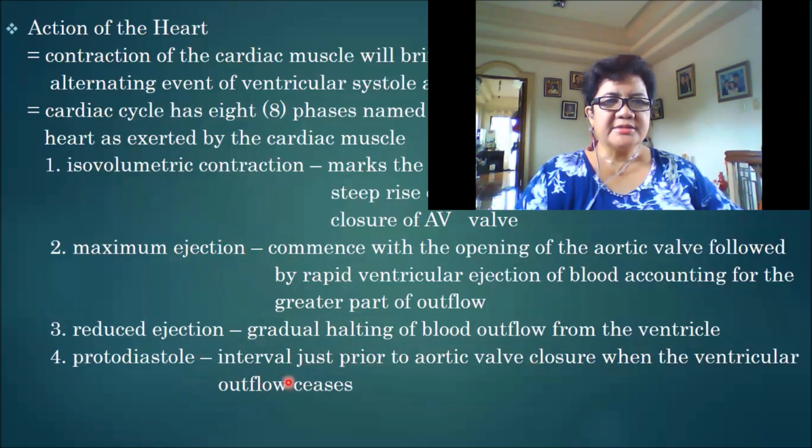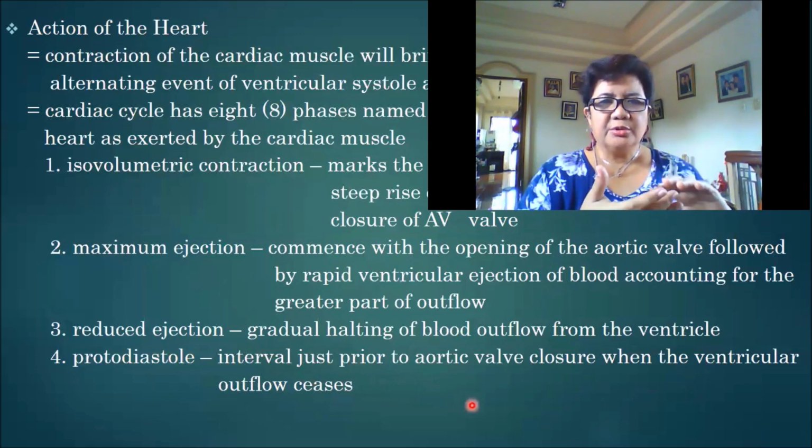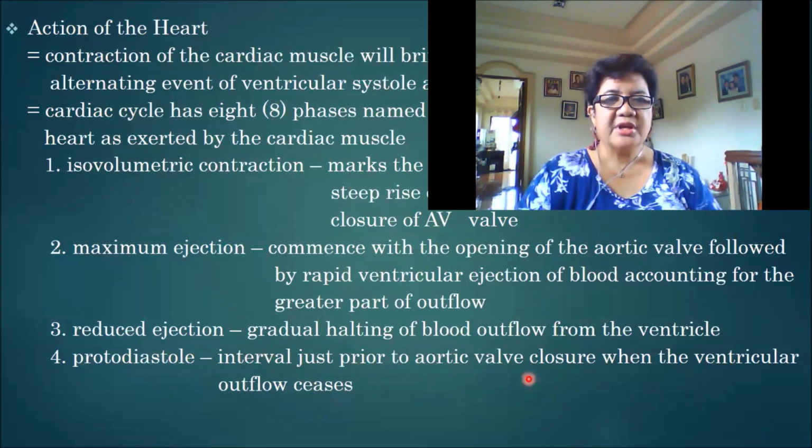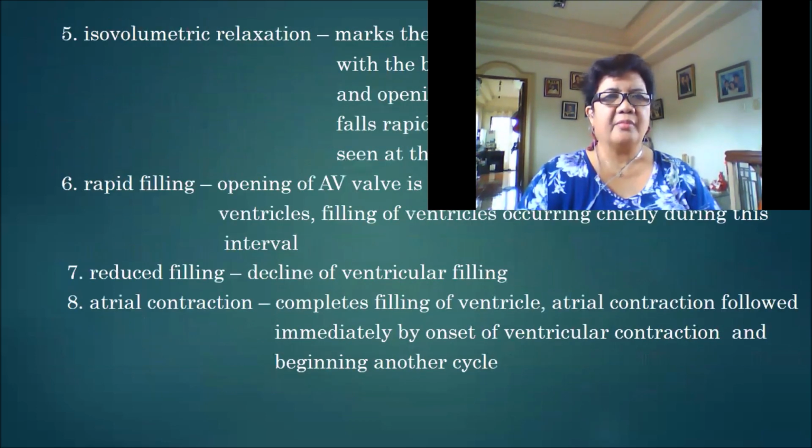Then protodiastole is the interval just prior to aortic valve closure when the ventricular outflow ceases. So this is a very brief phase, your protodiastole, wherein your aortic valve will close and ventricular outflow will cease or stop because there is no more blood that will come out from it.